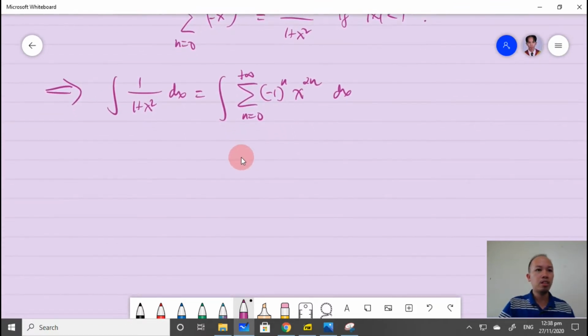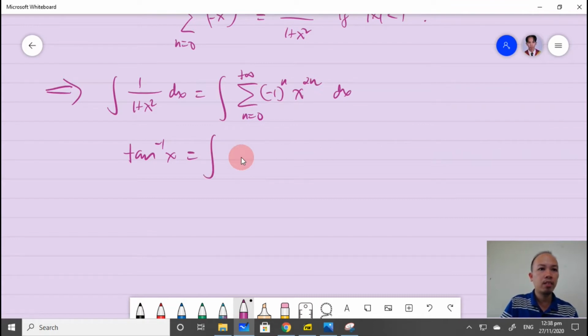And we know that the left hand side is tangent inverse of x. So we will put the C on the other side.